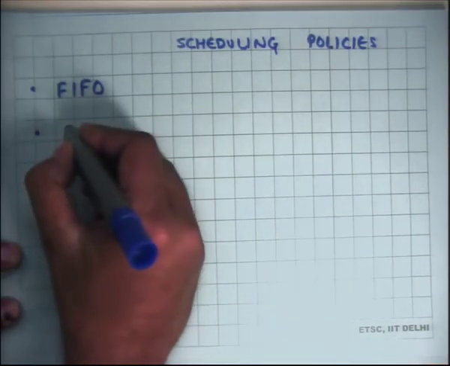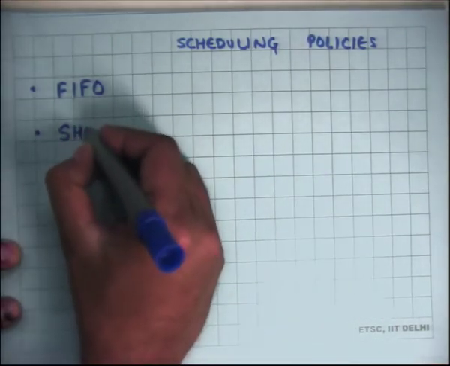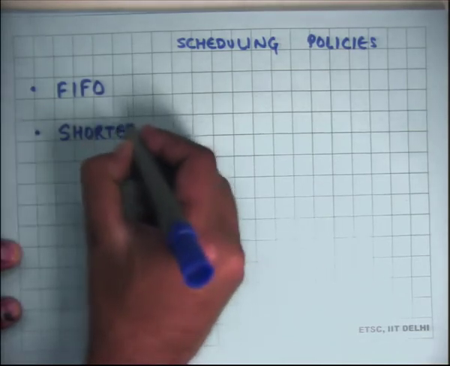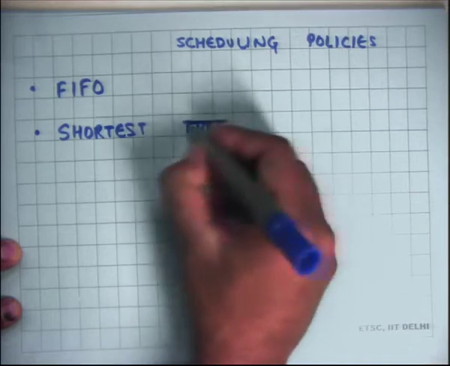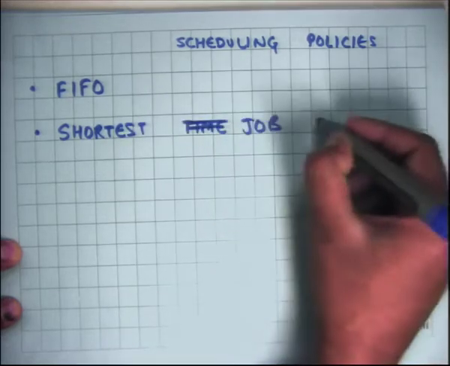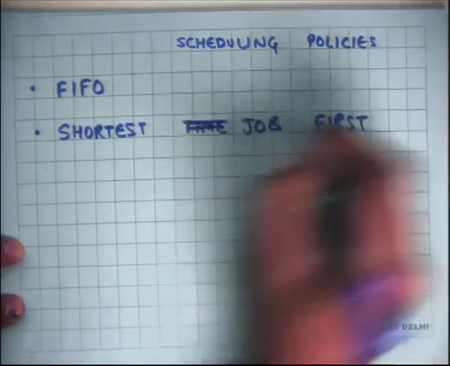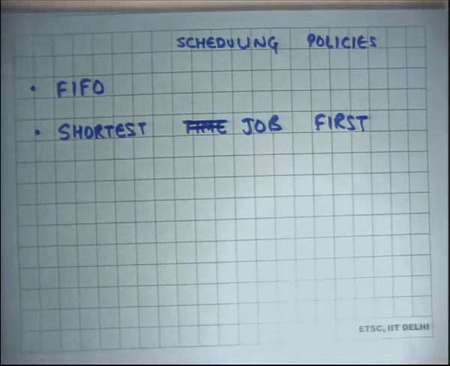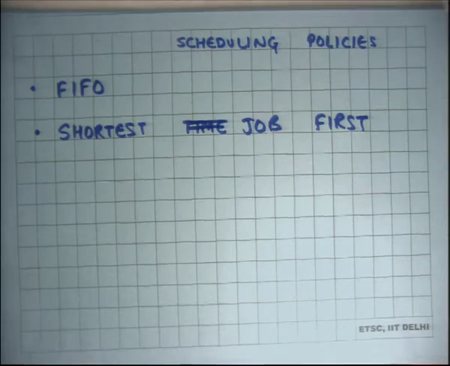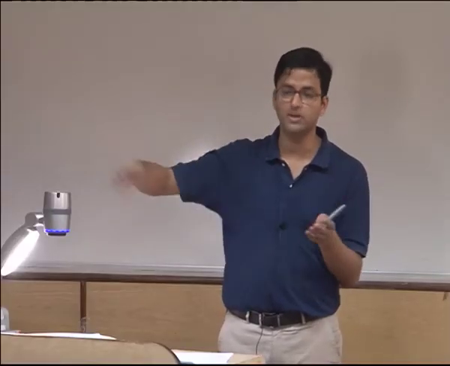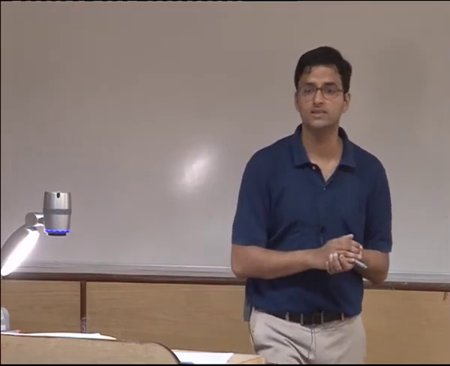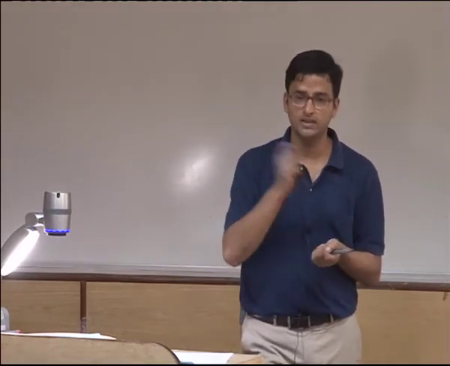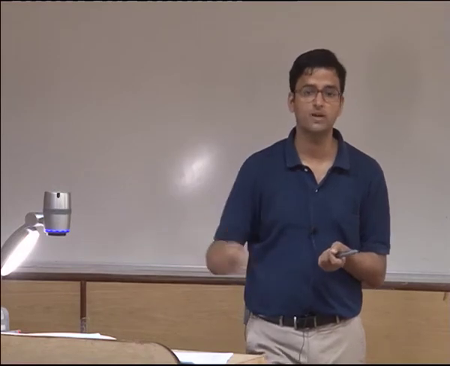In the same vein, there is something called shortest time to completion first, or shortest job first. Here, instead of serving the jobs in arrival order, I wait for some time and collect some jobs, and I ask what's the shortest job in this buffer, and I pick that and do it, and then I pick the next shortest job, and so on.